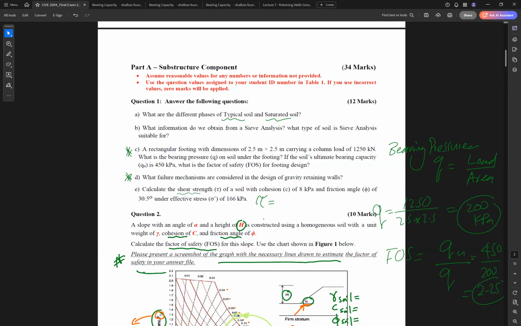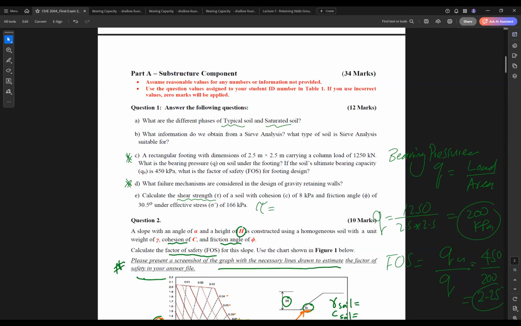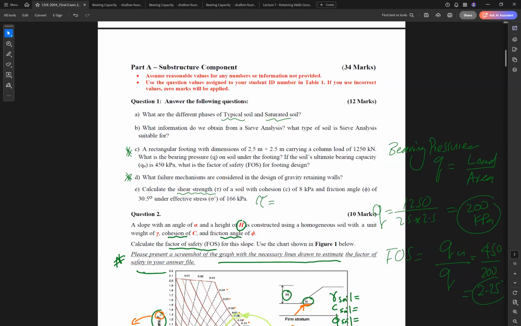What is the shear strength of the soil with cohesion of C and friction angle of phi under effective stress of 166? So where is this one? This one is also in week. I just try to link it with the week so that you can refer back to it, to remember.